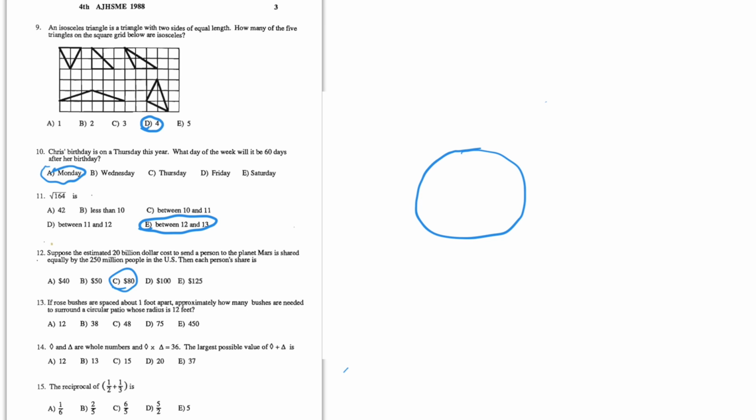Its radius is 12 feet. Now the circumference. The circumference of a circle formula is 2 pi r. So in this problem, pi we roughly use 3.14, times r is 12. That's 6.28.